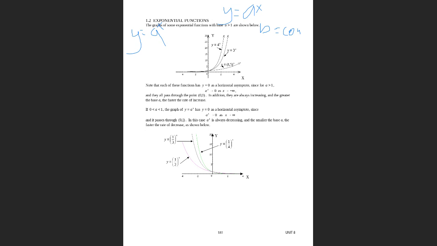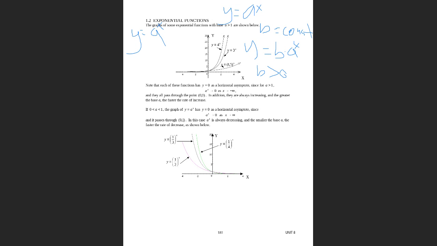So we can have, say, y equals b times a exponent x.